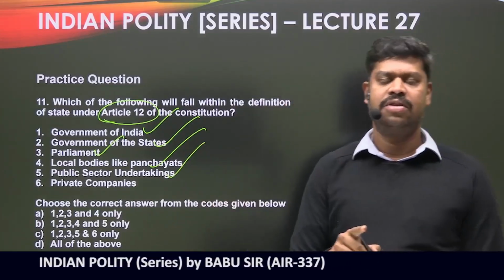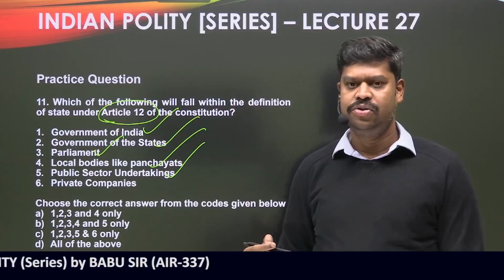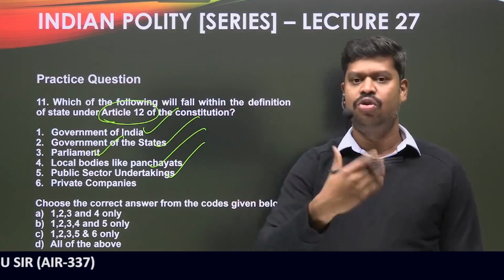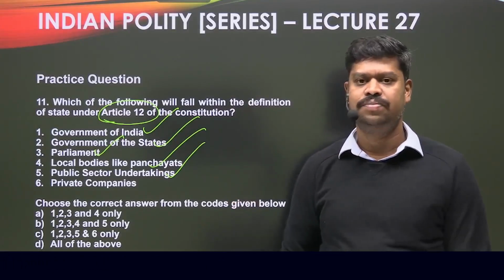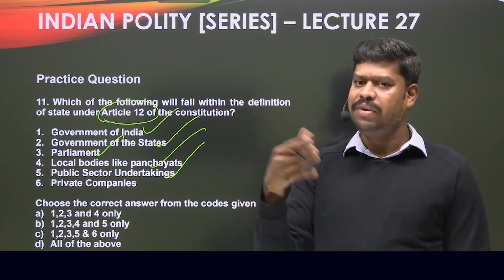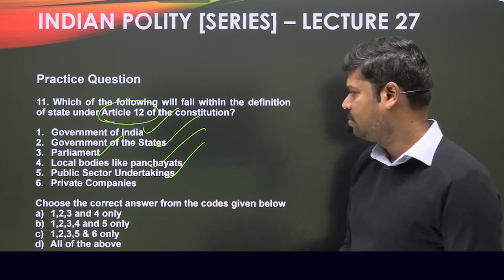Largely they will fall within the definition of state based on the criteria that the Supreme Court has given, because of the shareholding of the government and the control of the government over these organizations in terms of appointments and all those things. So by seeing all those things, the public sector will fall within the definition of state as per the interpretation given by the courts.